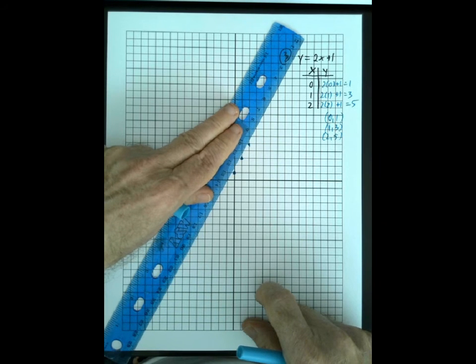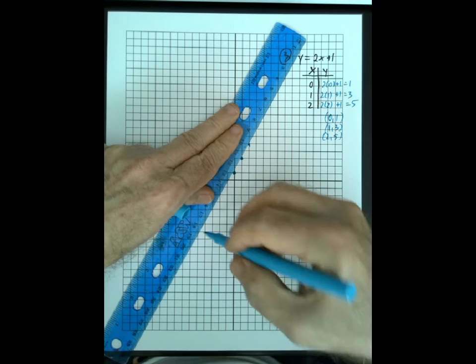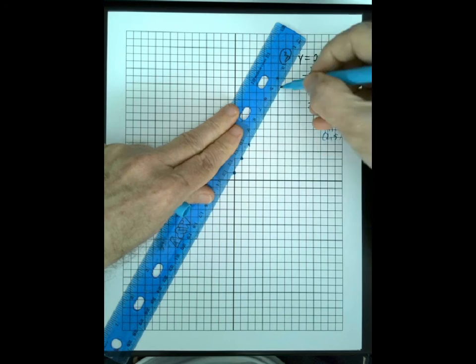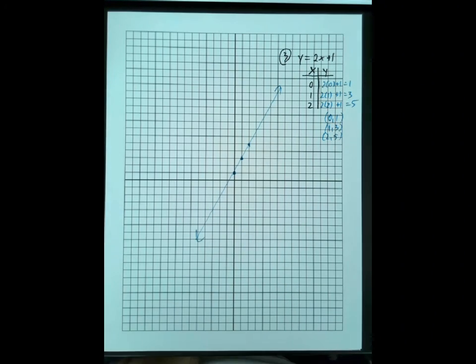And I carefully draw in the line to represent all the other ordered pairs. Kind of like that. And that line represents not only the 3 ordered pairs that we already calculated, but literally all the other ones that we could calculate from y equals 2x plus 1.